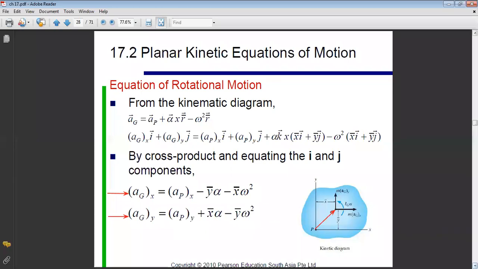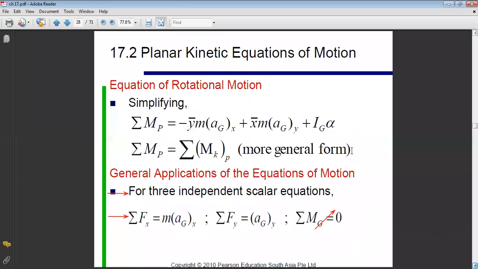So if I replace back into my equation and do the development, I will reduce my equation to: sum of moments about any point P is minus y bar MAGX plus x bar MAGY plus IG alpha. Okay? Any question until here?